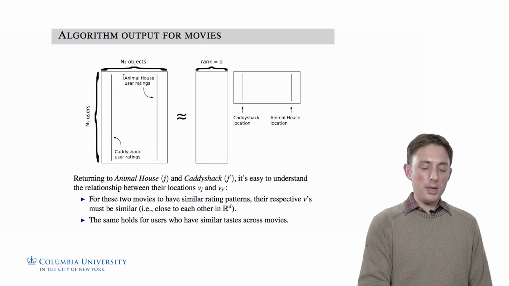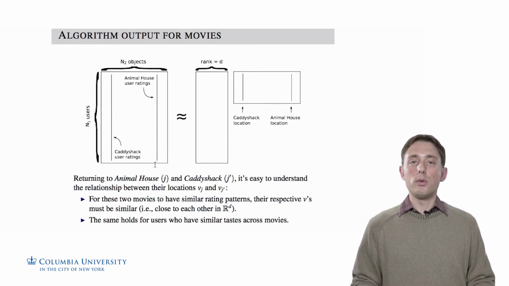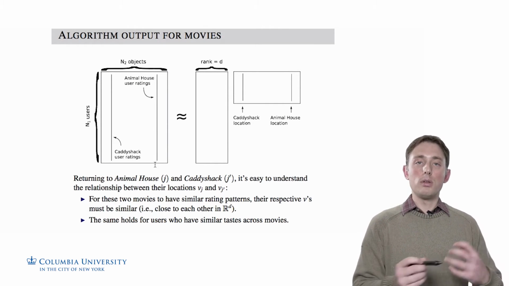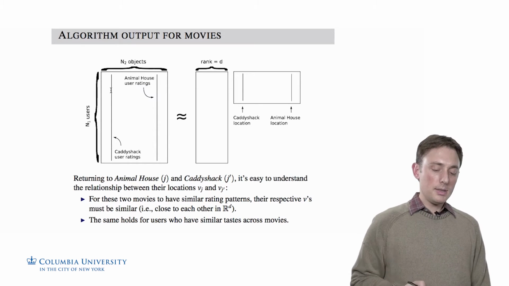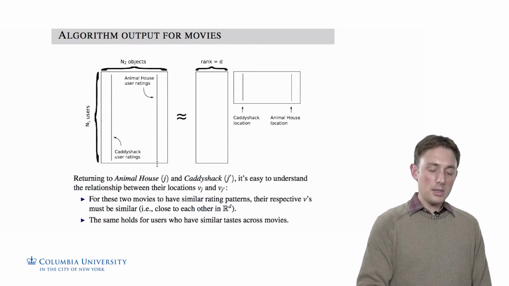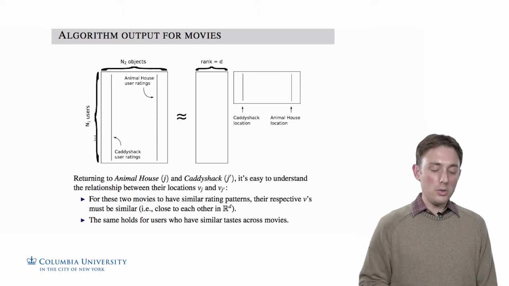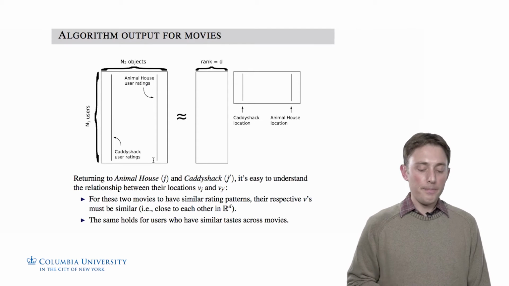For example, if we look at the movies Caddyshack and Animal House, and we agree a priori that they're very similar and users should rate them similarly, whether they like them or not, we then have that this column is the column of the ratings that were given to the movie Caddyshack, and this is the column of ratings given to the movie Animal House across all of the users. So again, we only have some of the measurements in here and here.